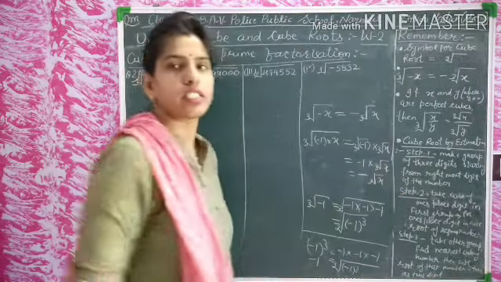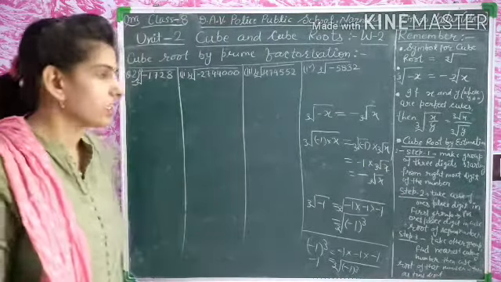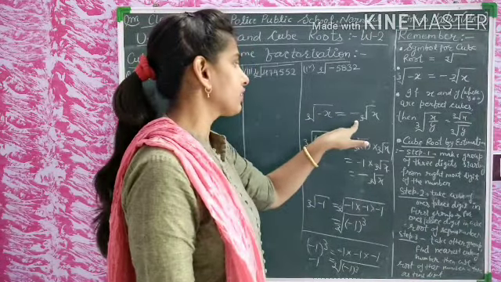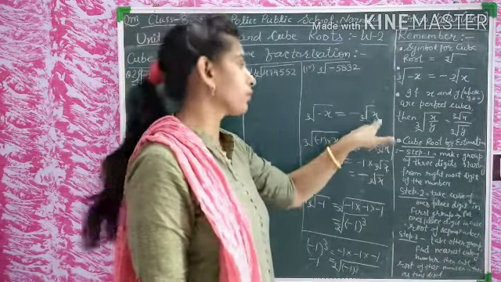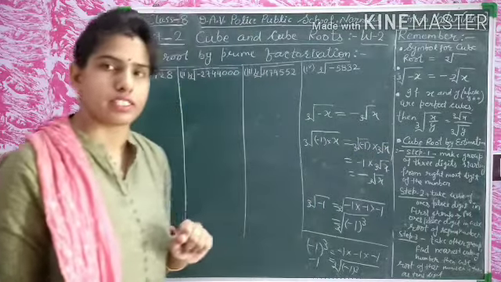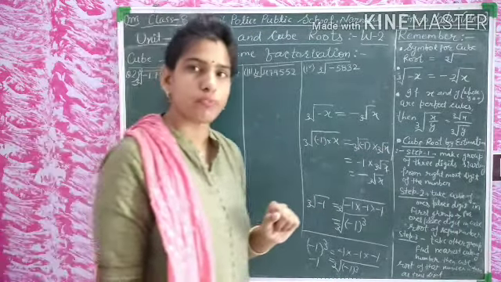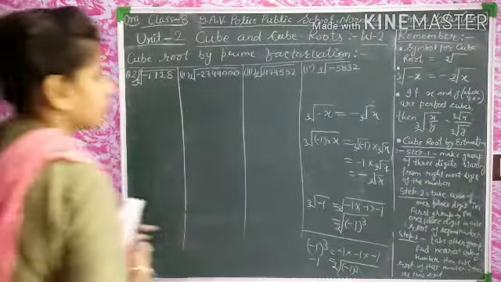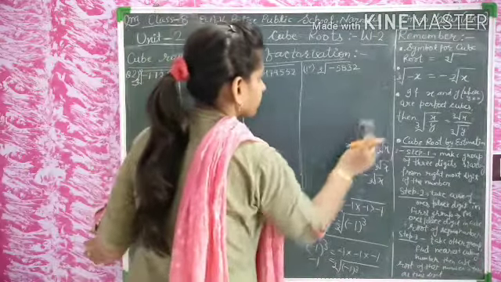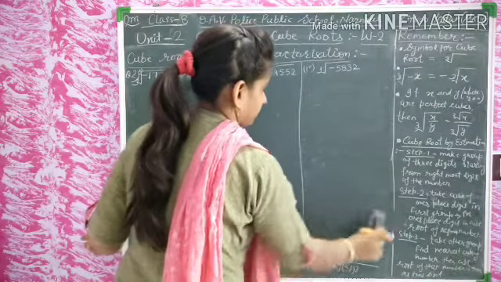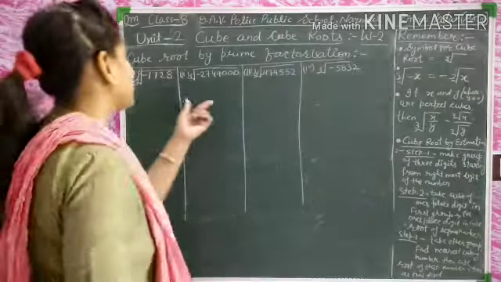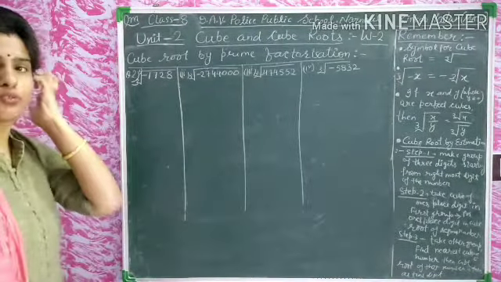So the cube root of minus x is equal to minus of the cube root of x. Yes, clear? Now we will go to the questions, which ask us to find the cube root of negative numbers.